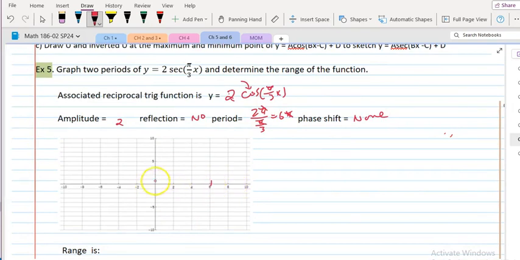This is one cycle, and it is a cosine. So cosine would have amplitude 2, between 2 and negative 2, so it would be highest here. And then 3 is the middle, right? 1.5, 4.5, right?